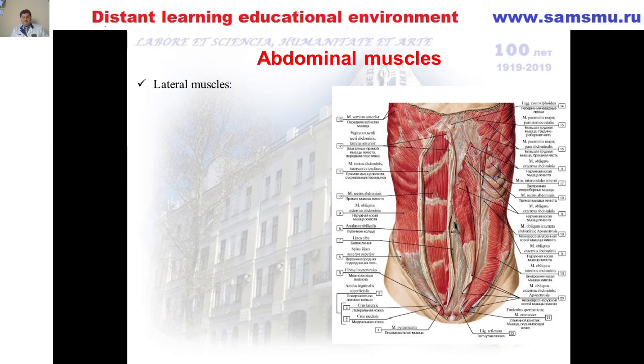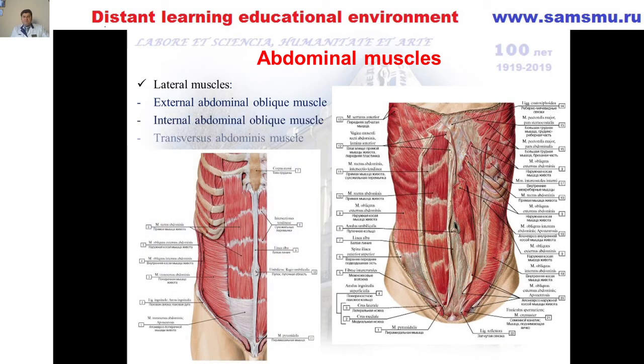The lateral muscles: the external oblique muscle, musculus obliquus externus abdominis in Latin, the internal oblique muscle, musculus obliquus internus abdominis, and the transversus abdominis muscle, musculus transversus abdominis. Next, anterior muscles, the rectus muscles and pyramidalis muscle.